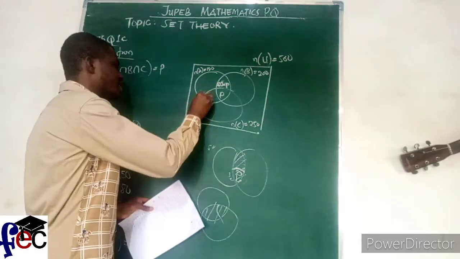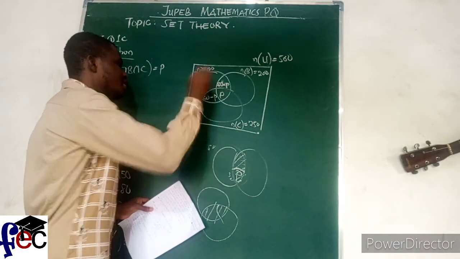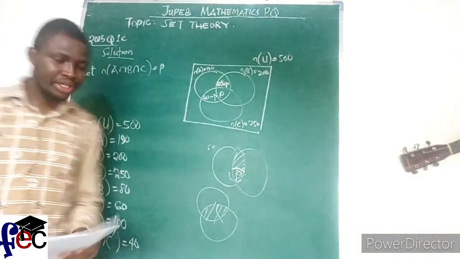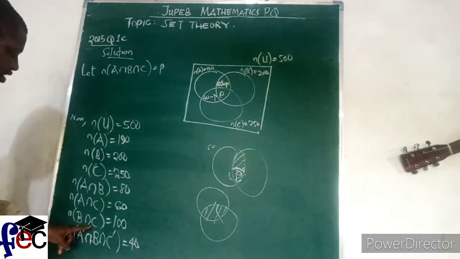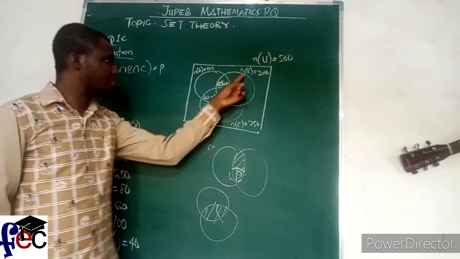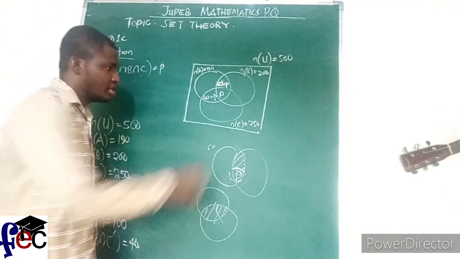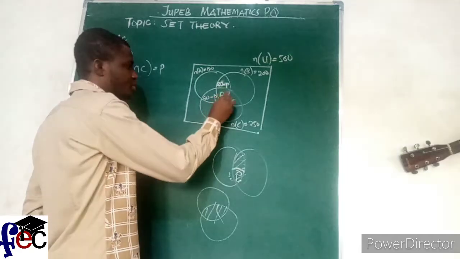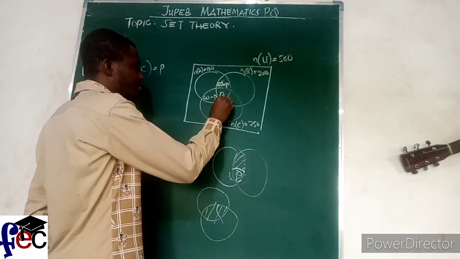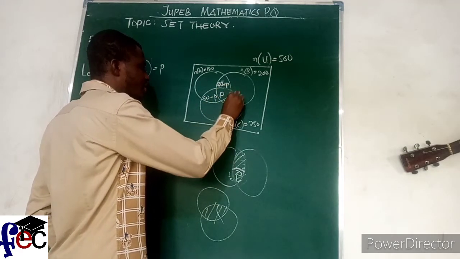That's going to be 60 minus P. I hope you are following. And the other, B intersection C, is 100. Everything here is 100. So if part of it is P, the remaining part is going to be 100 minus P.